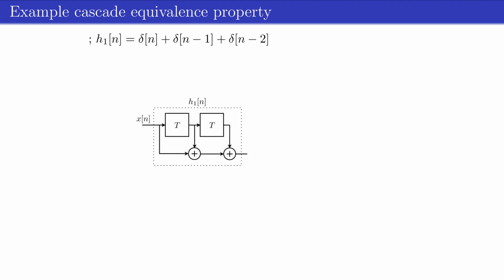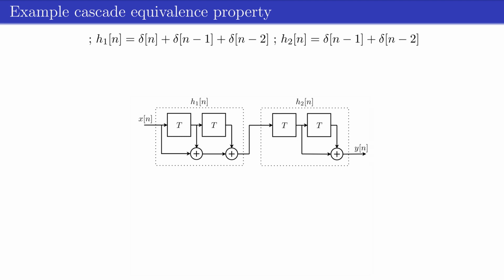In this example, we have a cascade of LTI system 1 with impulse response h1 and system 2 with impulse response h2. The realization scheme of the cascading of these two systems is depicted in the slide.